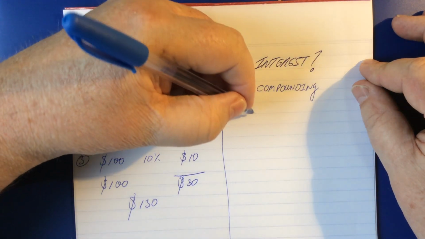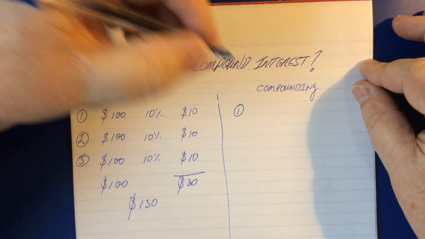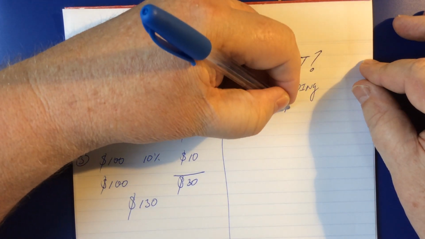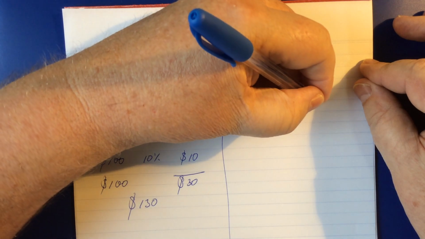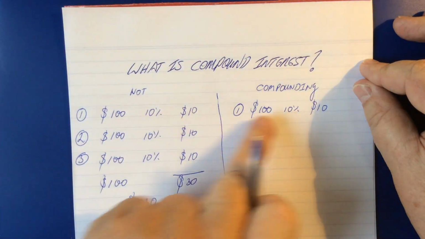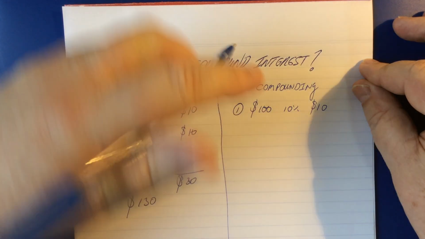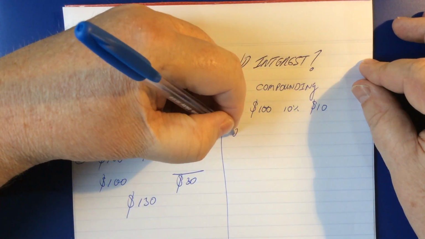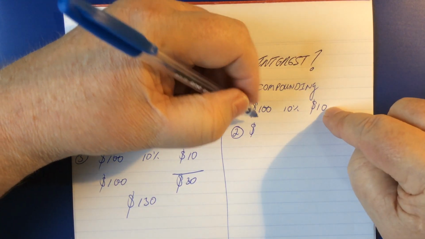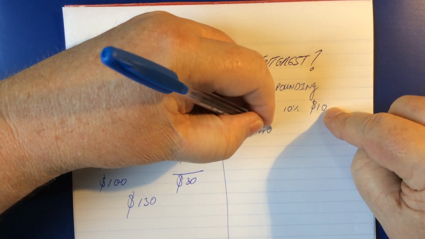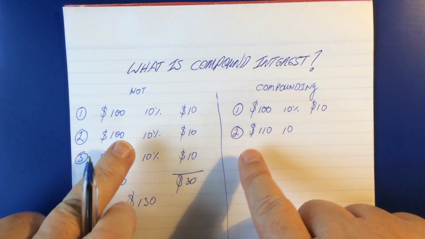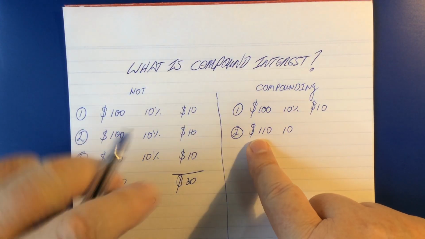Compounding is this. In year one, we have $100 and we invest it at 10% and we get $10. No difference. In year two, we add this $10 to our original amount, and you can already see that something different is happening.